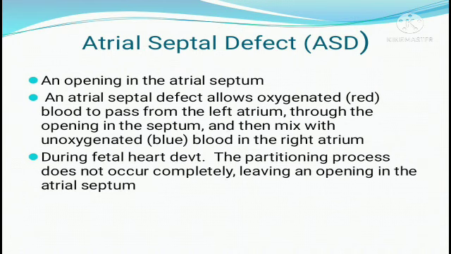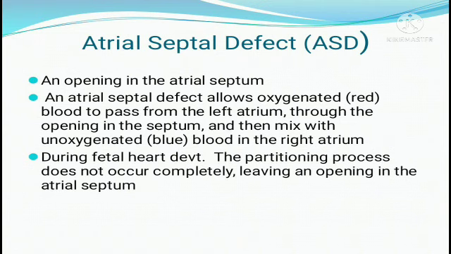So atrial septal defect allows the oxygenated blood to pass from the left side to the right side. Then mixing of the blood happens. Instead of going from the left ventricle through the aorta to the systemic circulation, some of the oxygenated blood is coming to the right side of the heart.